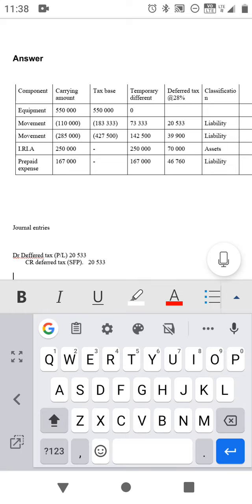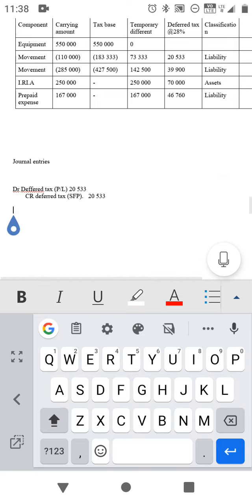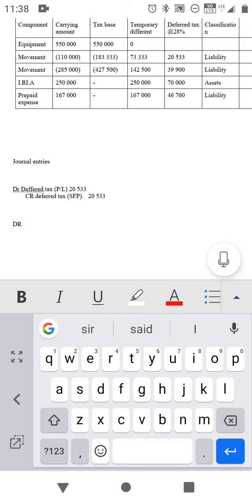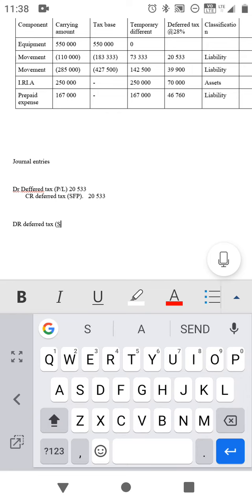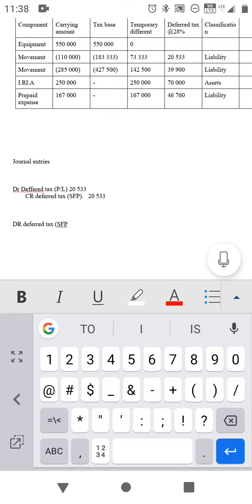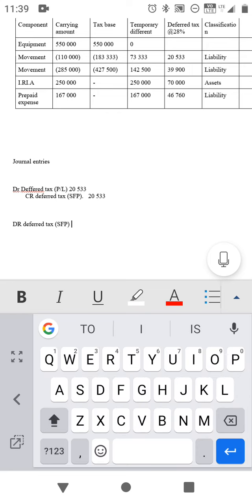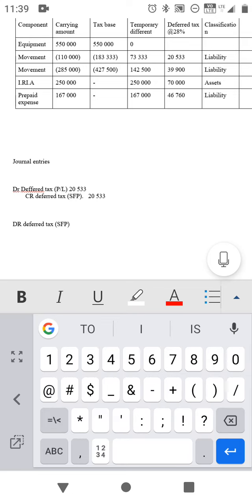If it's an asset, all right, let's go to income received in advance. This other one will be the same. You are going to debit deferred tax, which is SFP. Why? Because an asset increases on the debit side.